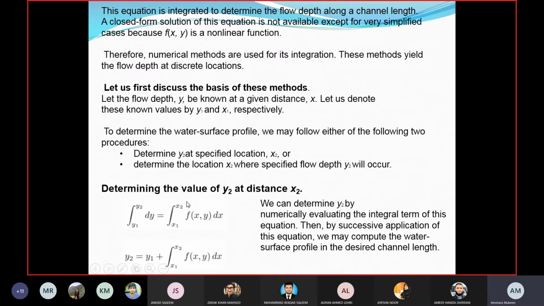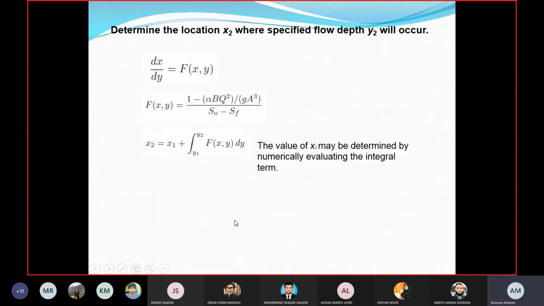In between x1 and x2 there would be delta x, you know the length between the two sections, and you would have to calculate y2. Then y2 can be calculated after integration, setting the limits between x1 and x2. So this is one of the methods.